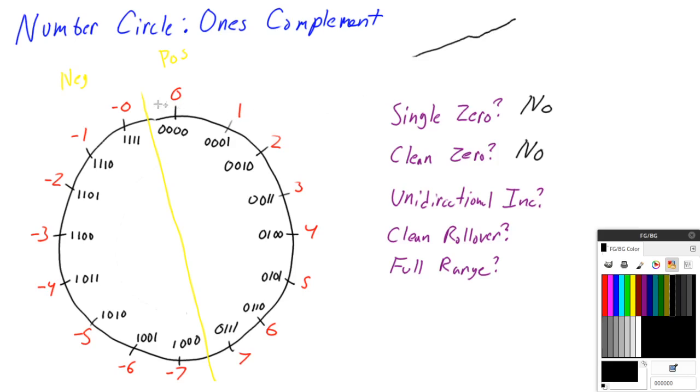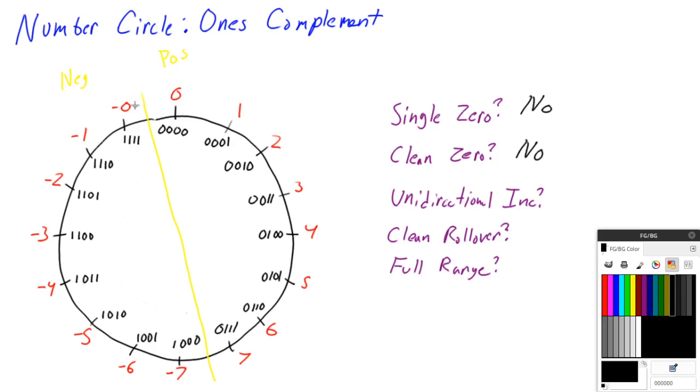And so just because of this hiccup, quote unquote hiccup, I actually tend to disagree with fellow academics. They'll say that this actually is unidirectionally increasing. As we go around, right, if we start at our minimum and we count around, it is increasing, and it's always by 1 unit, besides for this hiccup.